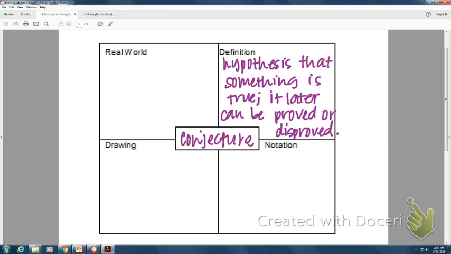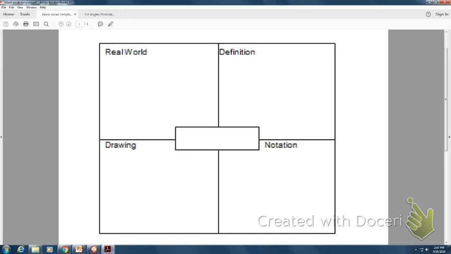Okay, our next one is the alternate interior angle theorem.